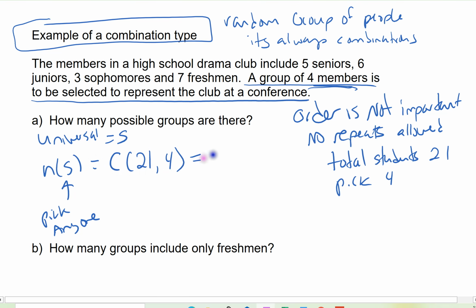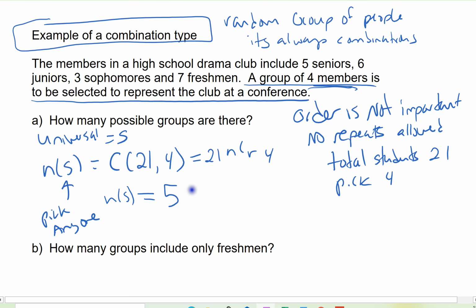So again, you do want to use the calculator on this. All right, there's really no other way to do it. Combinations, you use the combinations formula. All right, so 21, combinations, choose 4. So out of 21 people, I'm going to select 4. So the number in my universal set, number of different ways total, well, there's quite a bit. That's why you couldn't really list them.